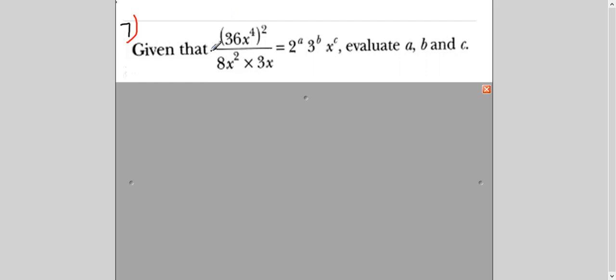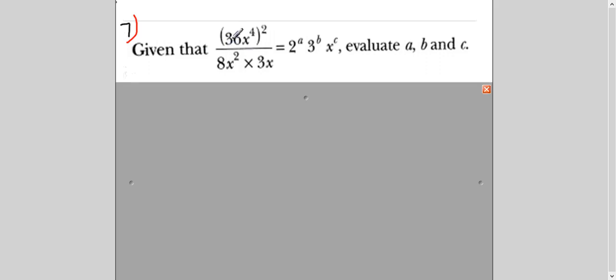You will change this left hand side such that you have only base 2, base 3 and base x, and then you will compare the powers. So you will forget about the right hand side at the moment and only pick up the left hand side and start simplifying it. And what is the target? Change everything to base 2, 3 and x wherever we can.